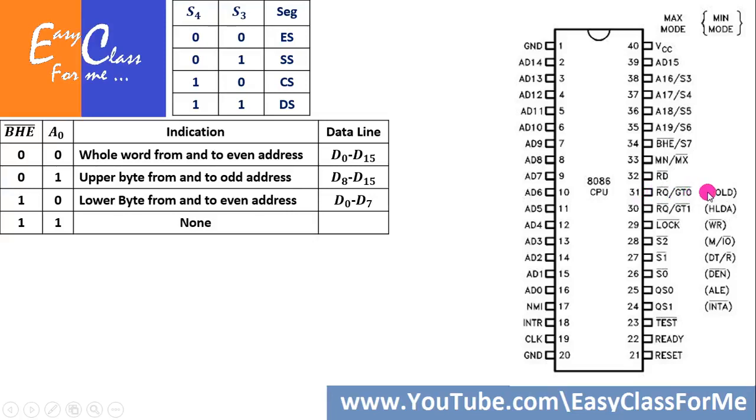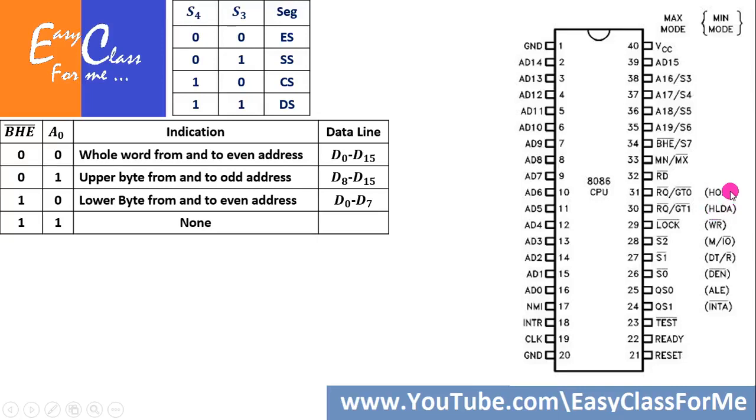The microprocessor will see that there is a hold request. It will complete whatever it was executing, and then it will send a value of 1 at this pin, which means hold acknowledge.